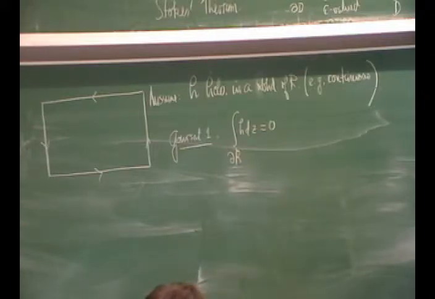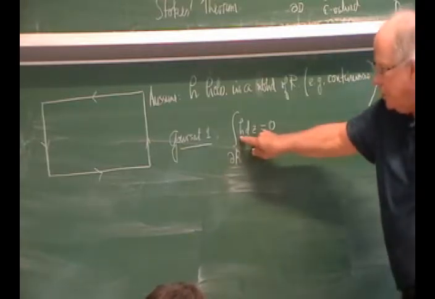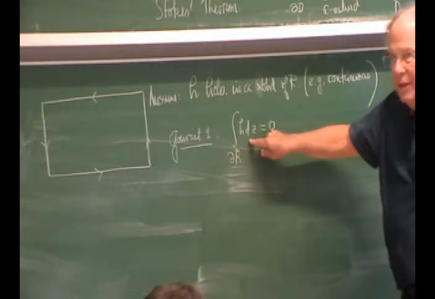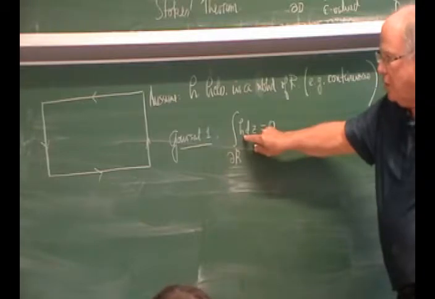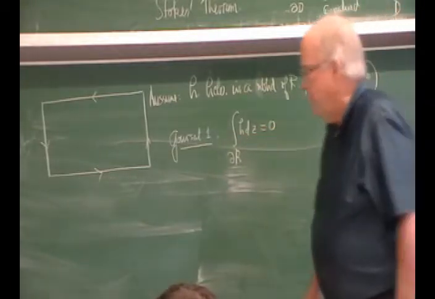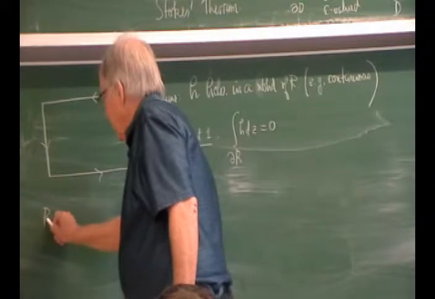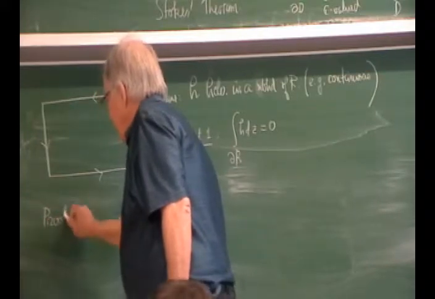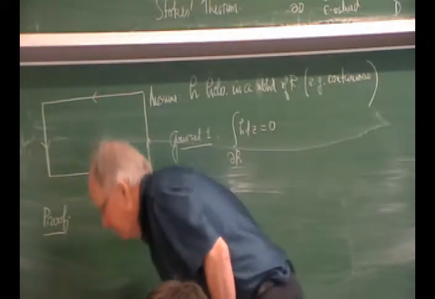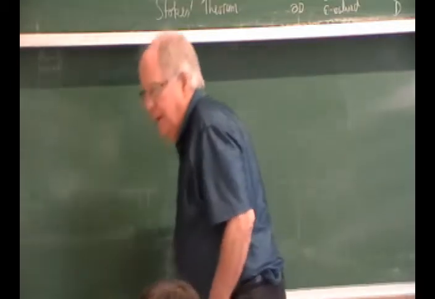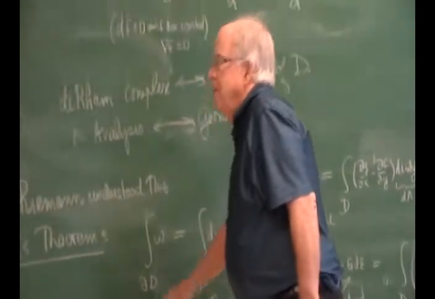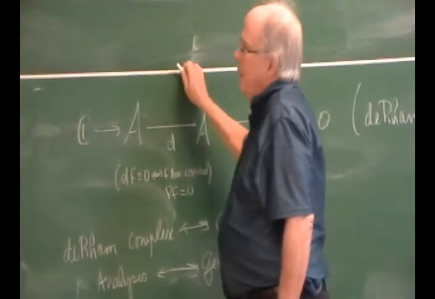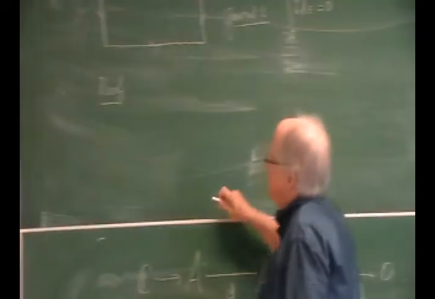Okay. So you see H is continuous, so there's no problem with this integral. The problem happens when you take dH, because you don't know anything, right? So let me give a proof of Goursat 1. It's amazingly simple, and it's based on 19th century logic.